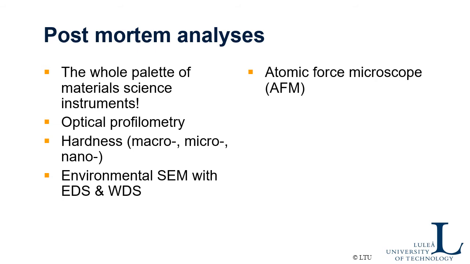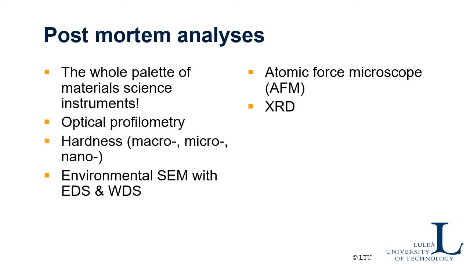AFM is also used. It's more a physics tool, but that's a way to measure the surface roughness or surface topography in more detail before and after the experiment. It could also be used as a tribo experiment itself. You measure the friction in the contact between a tiny tip and a specimen.